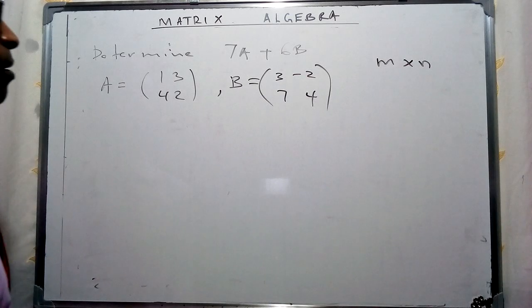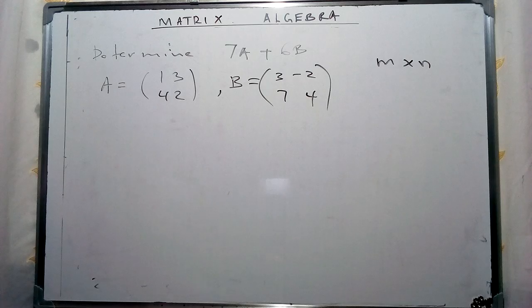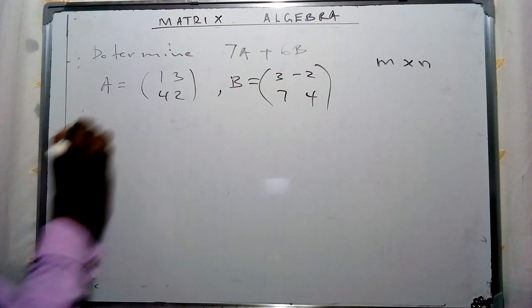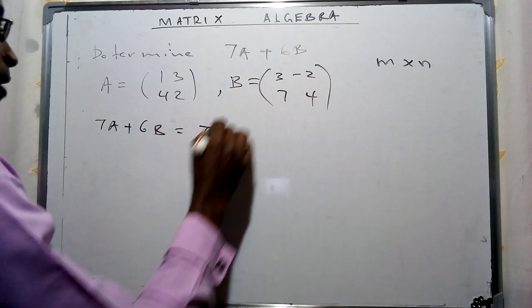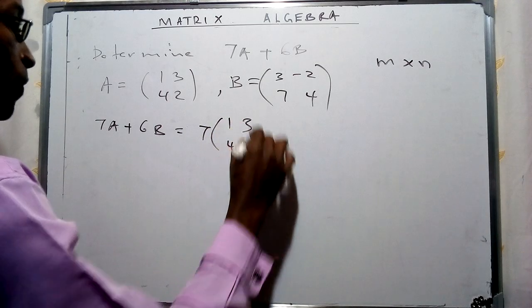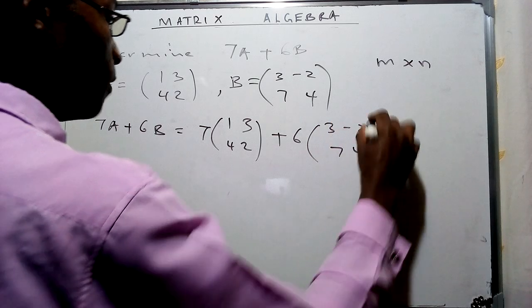So therefore, we can perform an operation of addition or subtraction as per our previous definition. So we're going to have 7A plus 6B given in terms of 7 into 1, 3, 4, 2 plus 6 into 3, negative 2, 7, 4 given as such.